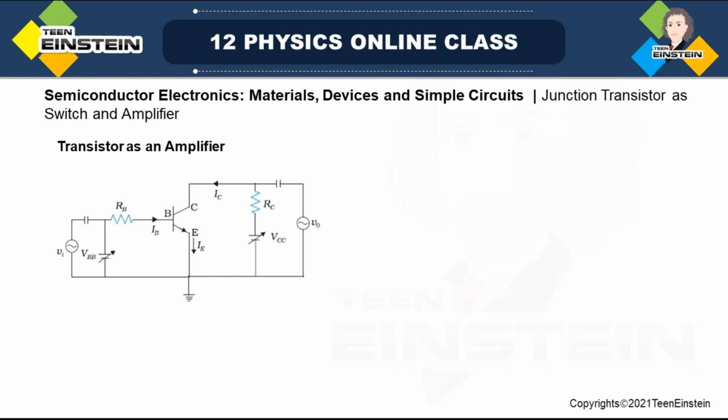First of all, if we want to use this transistor as an amplifier, it has to act in the active region, or active state. What does that mean?